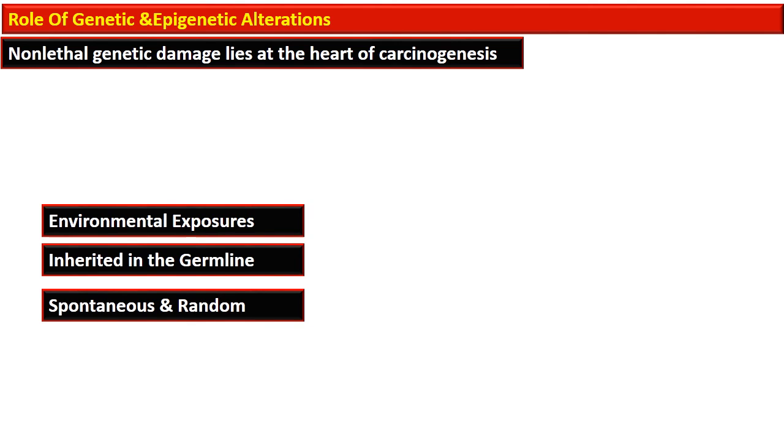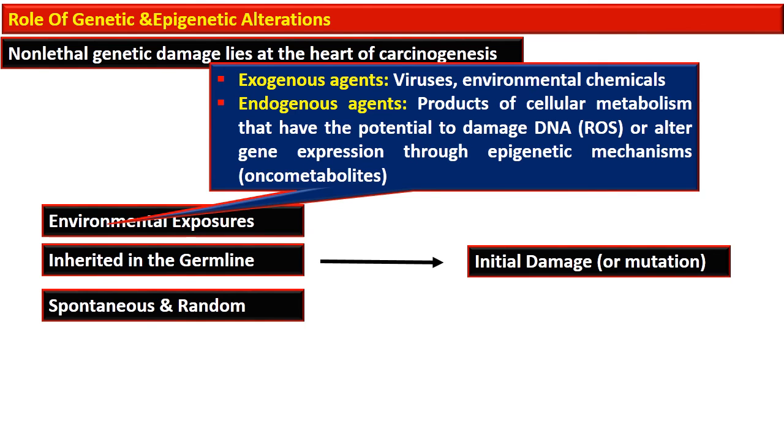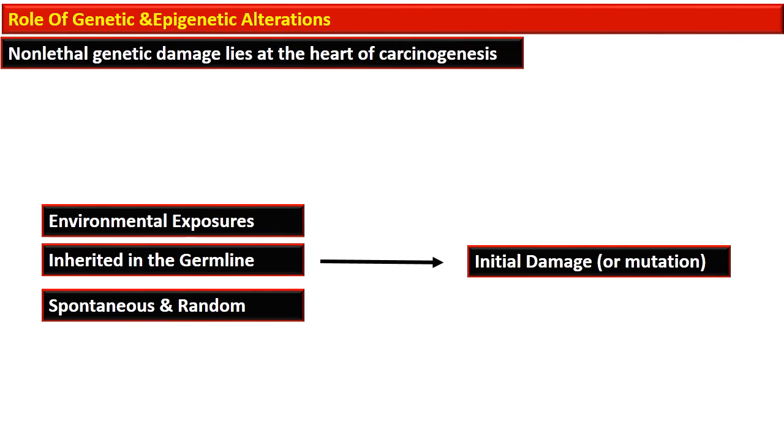The environmental exposure to some element may be inherited in the germline, or it may be spontaneous and random, and that will result in initial damage or mutation. These insulting agents may be exogenous or endogenous.